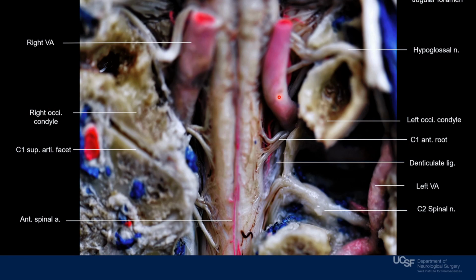Now this is an anterior view of the craniocervical region, and we can identify a couple of big vascular structures. We see the right and left vertebral arteries, and these are going to be the occipital condyles.